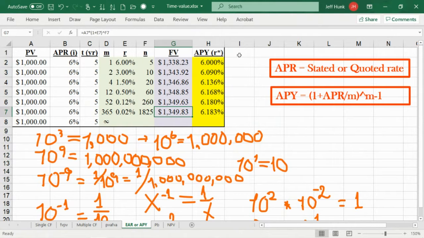So let's check. I'm going to check here.